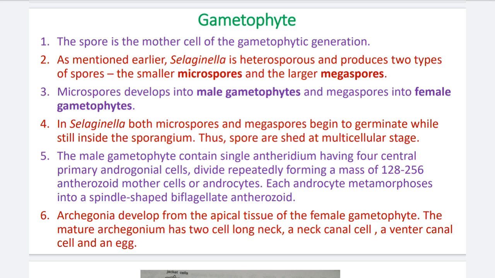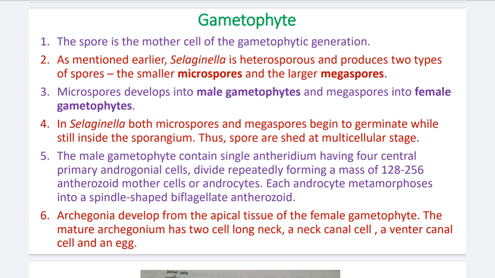Okay. See the diagram, point number 1. The spore is the mother cell of the gametophytic generation. Why is it called the mother cell? Because in pteridophytes, when a spore germinates, either microspore or megaspore, after the germination of the spore on the soil, on the earth, the prothallus develops, and that prothallus is nothing but the gametophytic plant body.